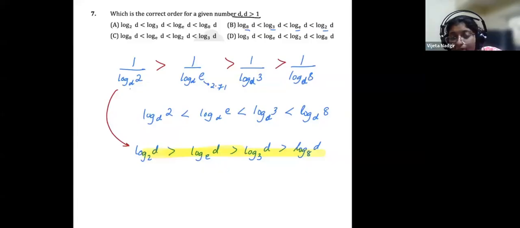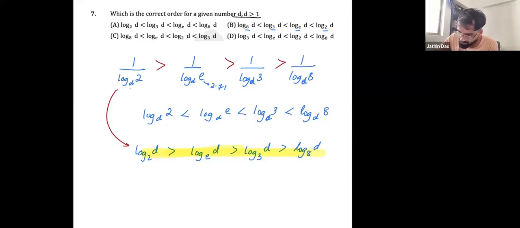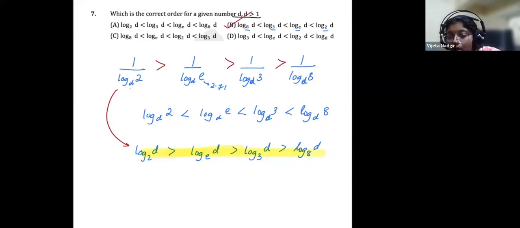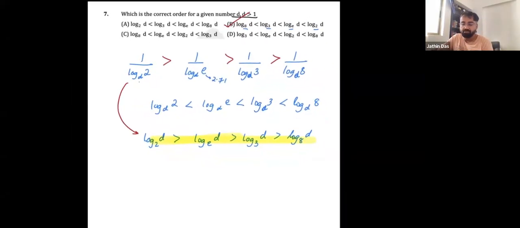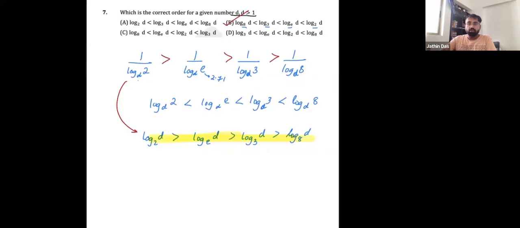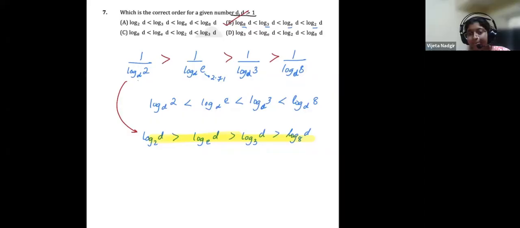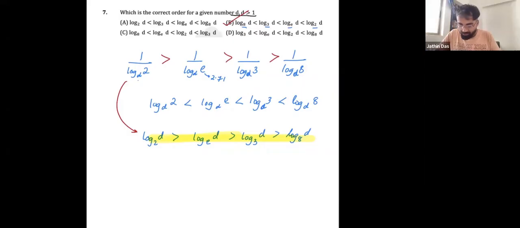Here, B. 2, e, 3, 8, that's option B. Is the logic clear? Yeah. Okay. Good. Very good.